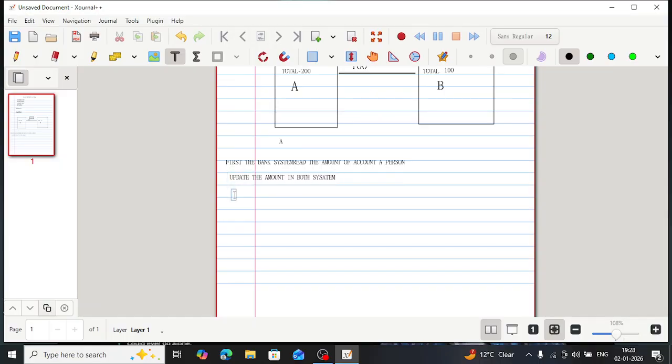After updating the amount, it responds to both persons, showing the message of credited and debited.